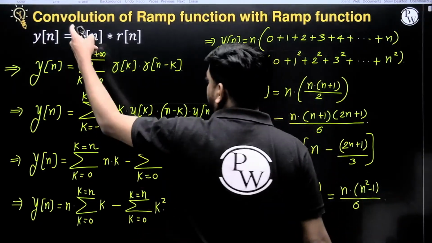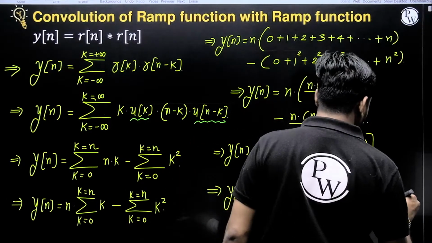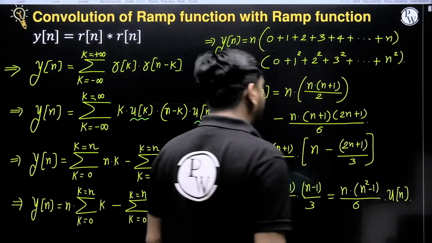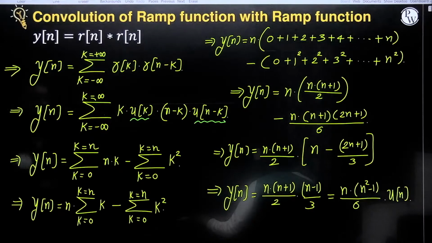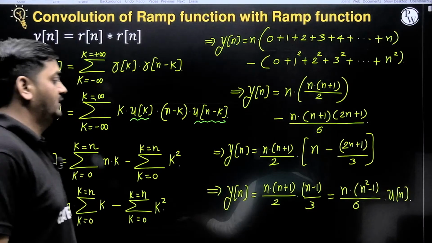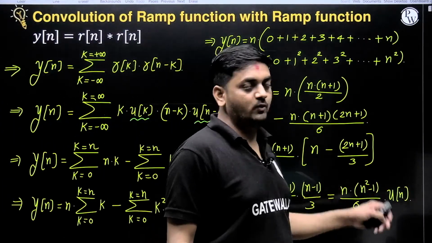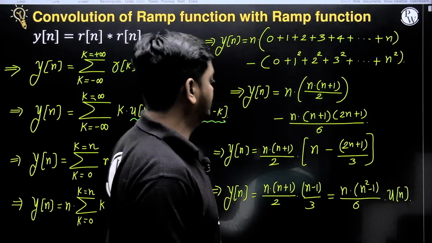And this is causal, this is also causal, so the resultant signal is also causal, that means simply multiplied by u of n. So r of n convolution with r of n is nothing but n into n square minus 1 divided by 6 into u of n.